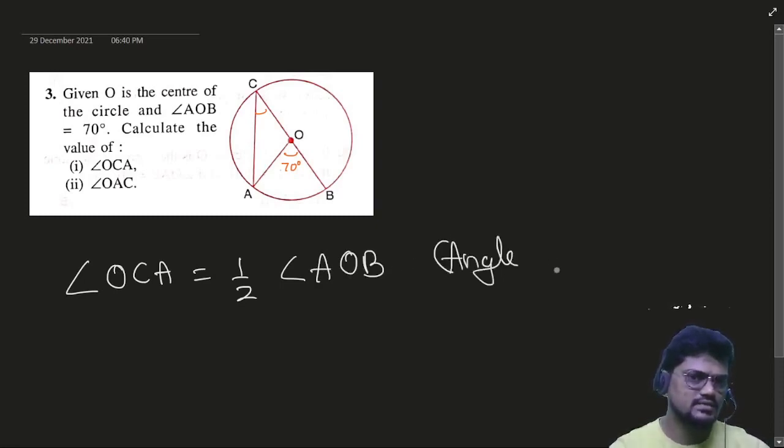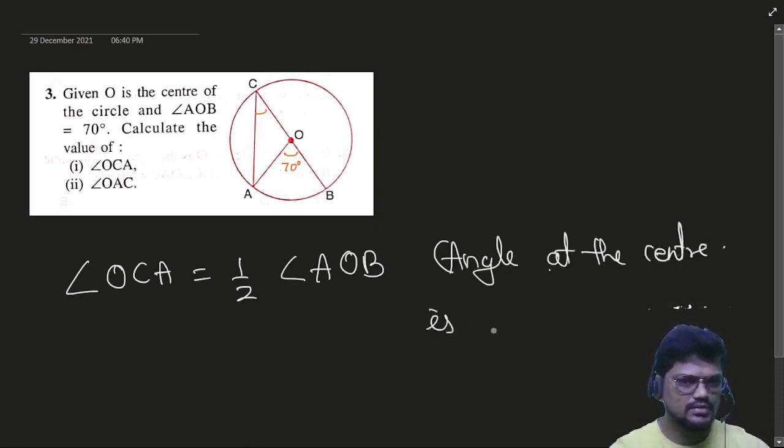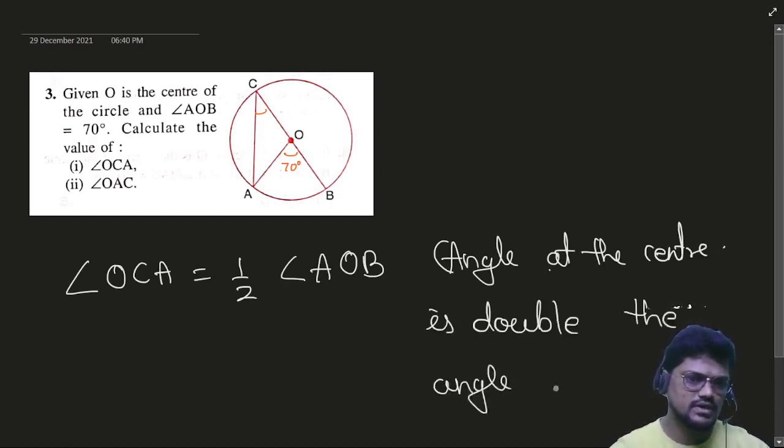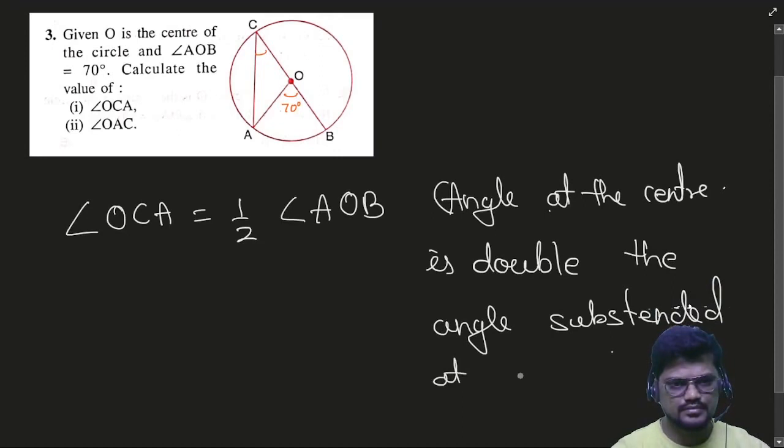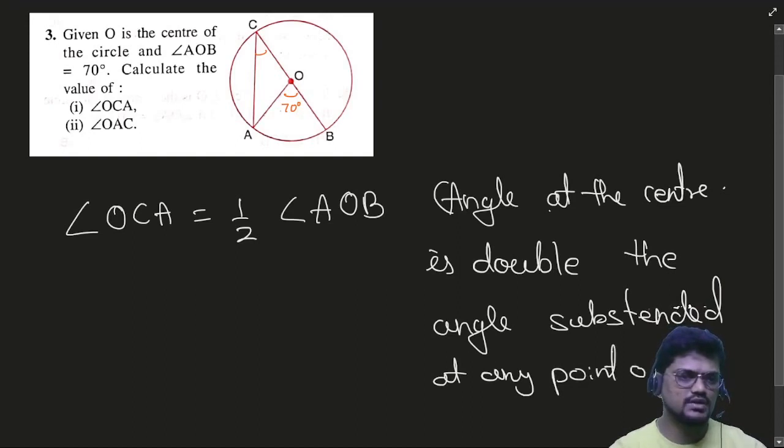Angle at the center is double the angle subtended at any point on the circle by the same arc.